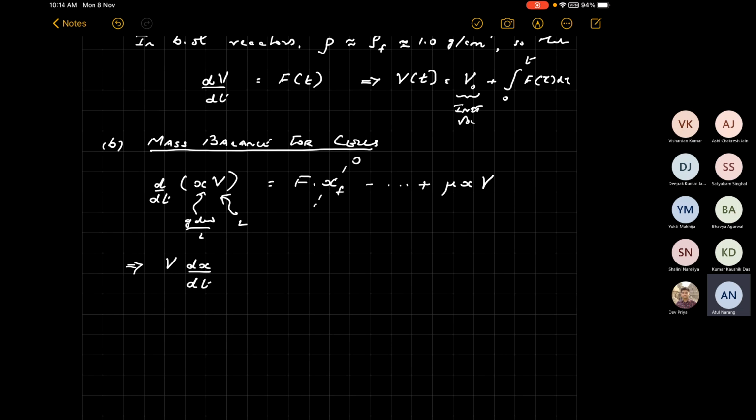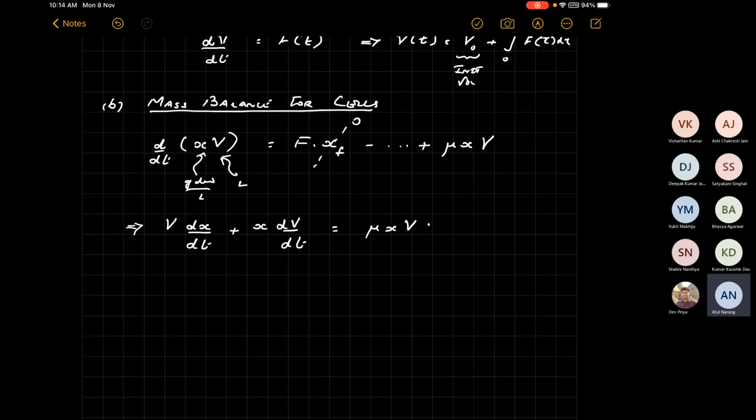But that plus x times dv dt, I'll move over to the right-hand side. So this is minus x times dv dt, and that is equal to, on the right-hand side, just mu times x times v.